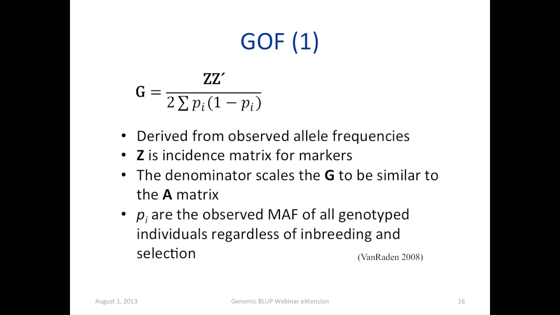And P sub i are the observed minor allele frequencies of all the genotyped individuals, regardless of inbreeding and selection. So in this very simple formula, ZZ prime is weighted by the minor allele frequency of observed genotypes.